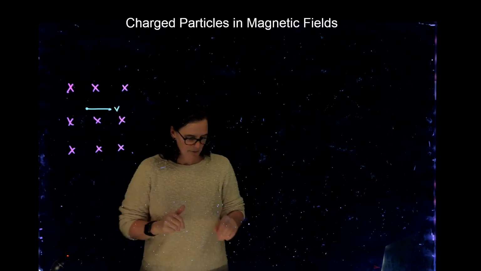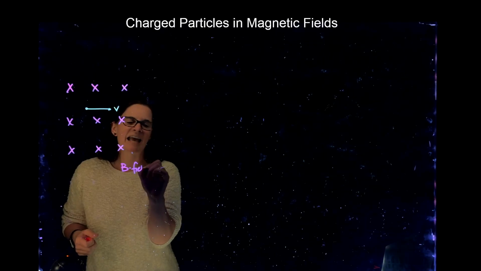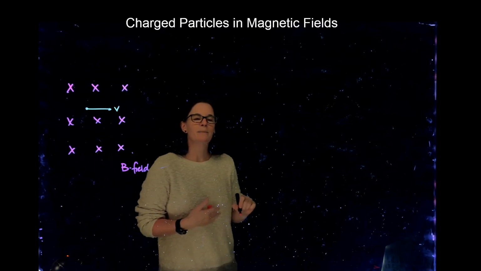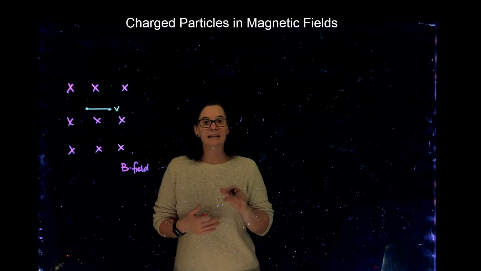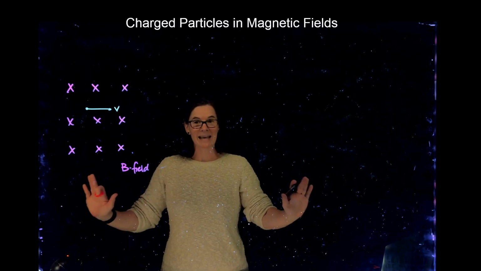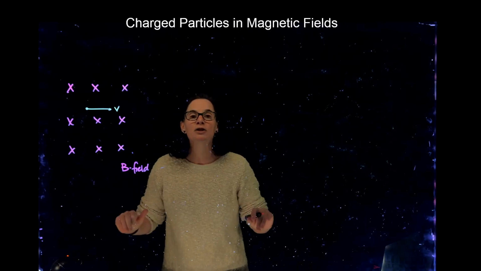So these pink X's here are our magnetic field. And this tells us that the magnetic field is going into the page. Okay, so the magnetic field is perpendicular to our plane, the plane that our charged particle is traveling on. It's into the page.